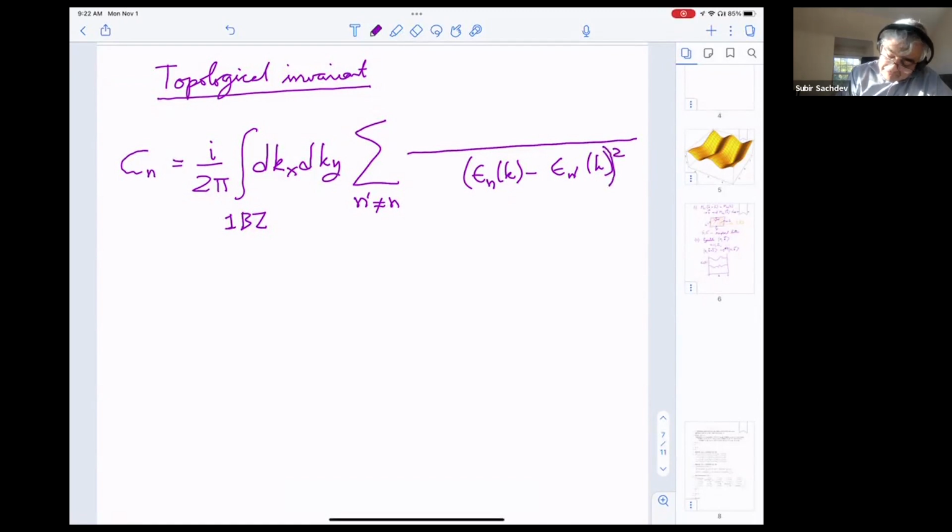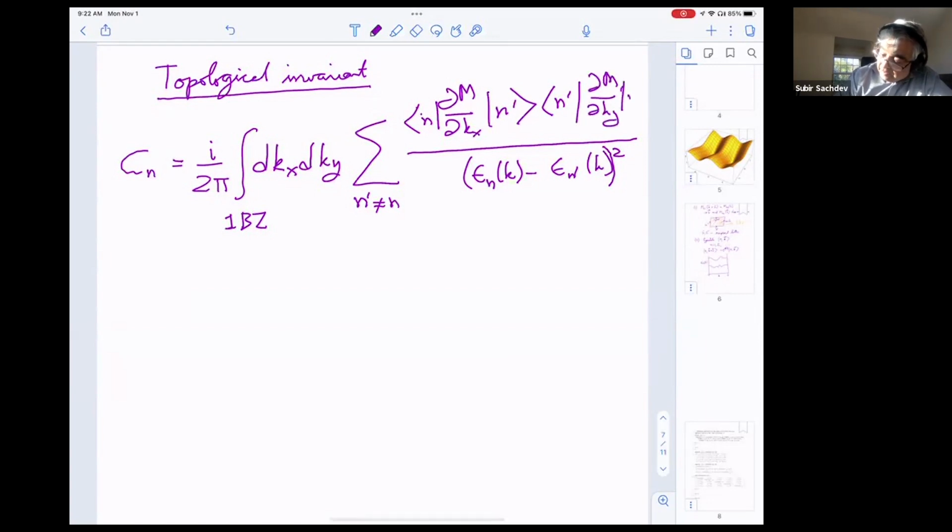And the numerator is the following object: dm by dkx, n prime, and n prime, dm by dky, n, and the numerator has another term, which is you interchange x and y.